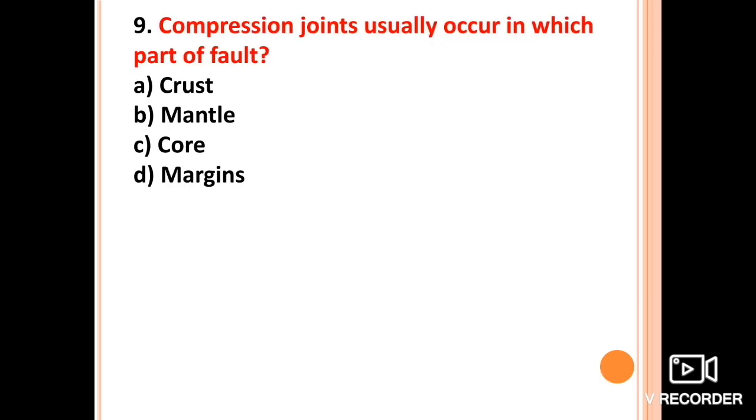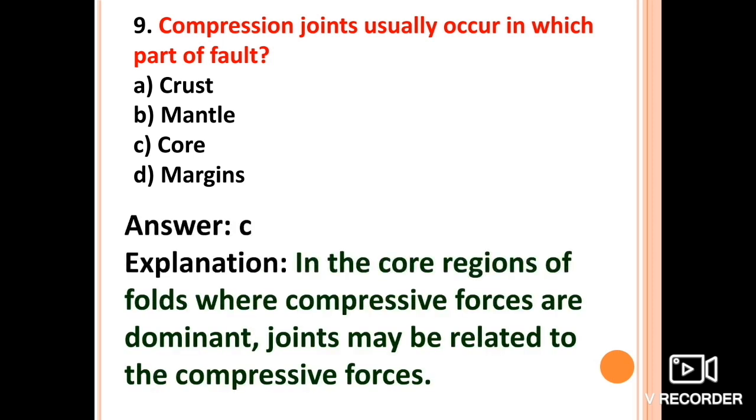Next one is compression joints usually occur in which part of the fault? This is important. Means the crust part, the upper part, or the mantle, or the core, or the marginal part, or in the margins of the fault. So here that is in the core.